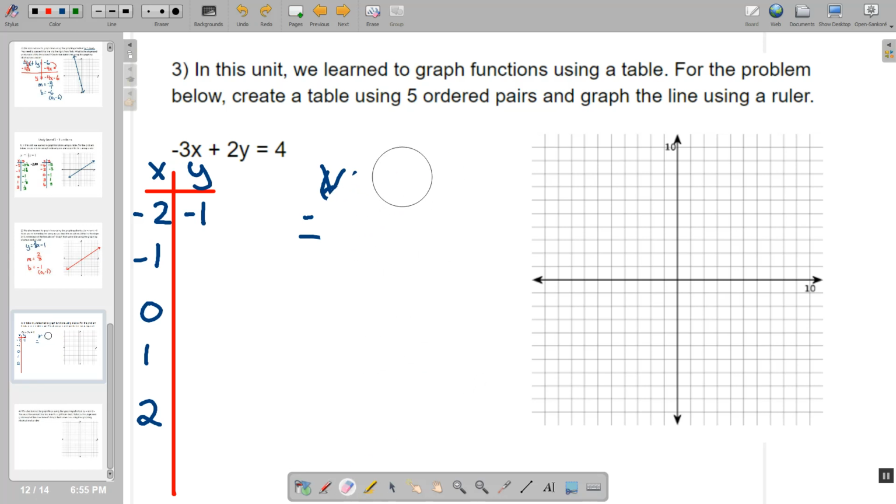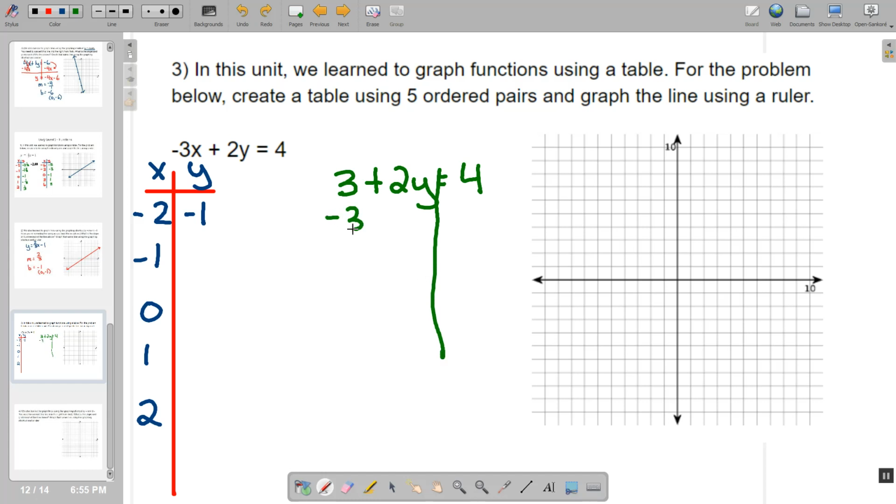I'm going to do -3 times -1, which is +3, plus 2y equals 4. And once again, I'm going to solve my equation by subtracting 3. 2y equals 1.